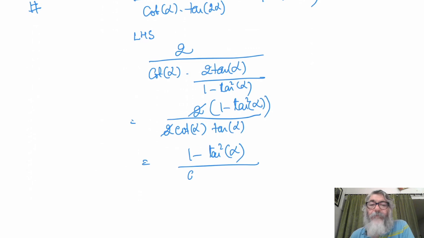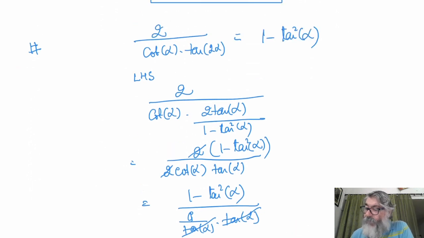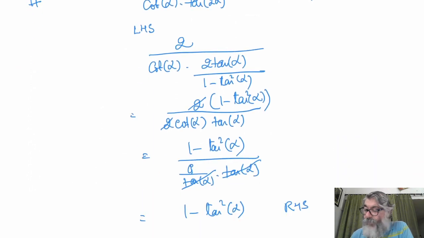Cot alpha and tan alpha will cancel with each other because they are reciprocals. I can write 1 upon tan alpha into tan alpha, so they will cancel each other. So what will be your answer? 1 minus tan square alpha, which is the right hand side. The right hand side was 1 minus tan square alpha.